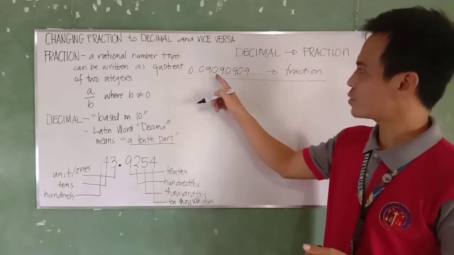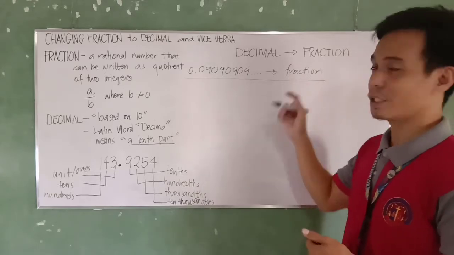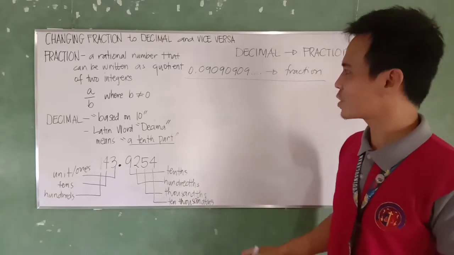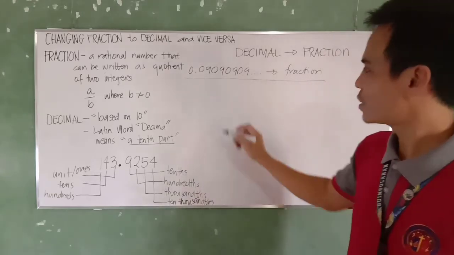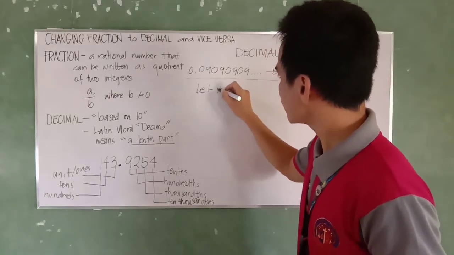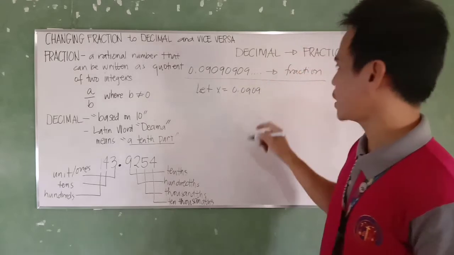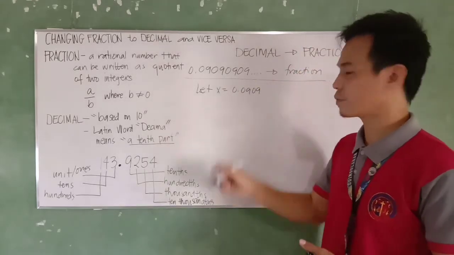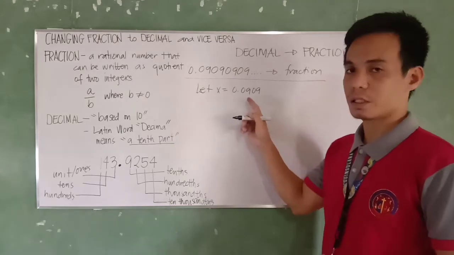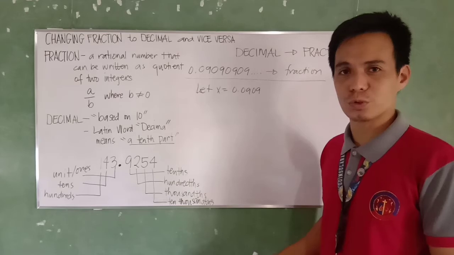So 0.09090909 in fraction form. So how we do this? So let x is equal to 0.0909. Sulatan natin yung 4 kasi ganun din naman. And titingnan natin kung ilang numbers yung umuulit.